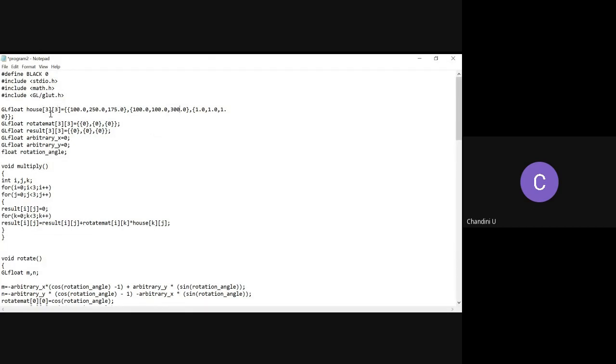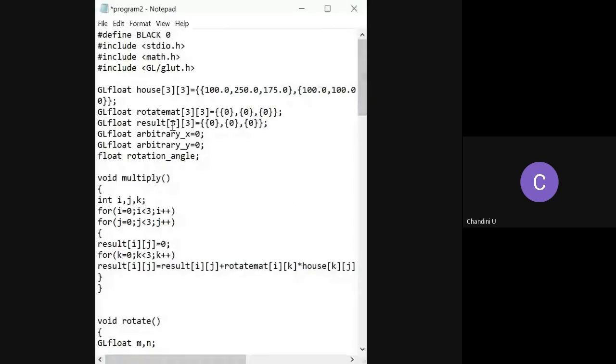Now we need a rotation matrix and a result matrix. The rotation matrix is where we actually describe things like cos theta, sin theta. We have seen the rotation angles, right? So there we will store this. First let us initialize that matrix. It is a 3 by 3 matrix again, so let us initialize it to 0, 0, 0.